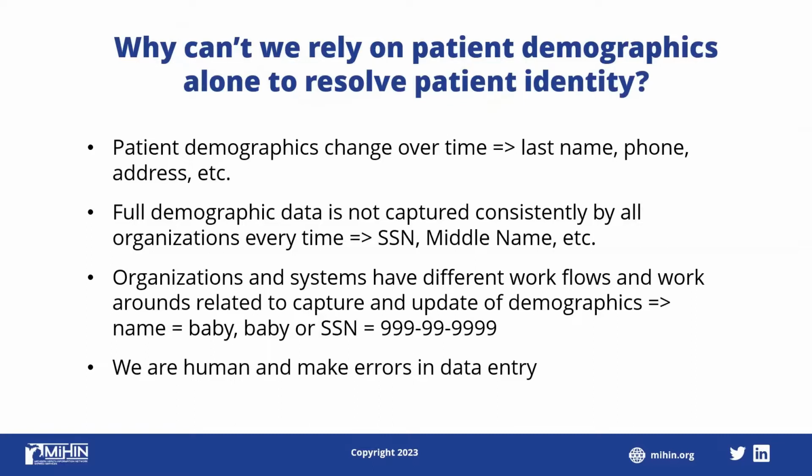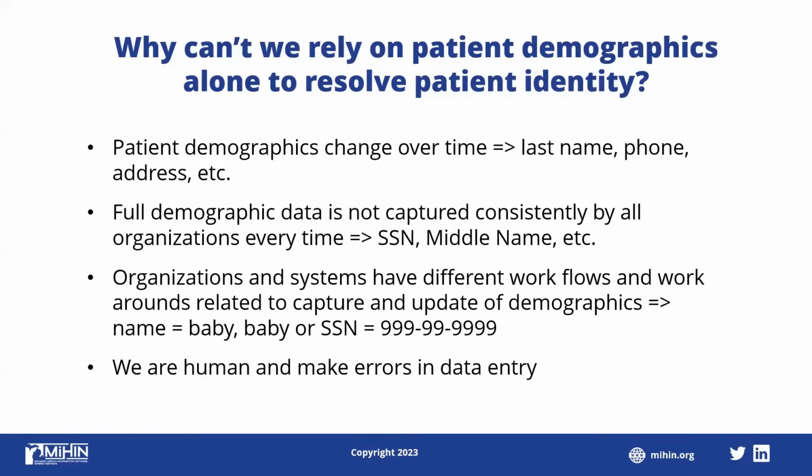The second is that full demographic data is not captured consistently for all data that's sent to MyHin. So SSN being one, middle name, etc. Everybody doesn't capture everything every time. It's always contextual.